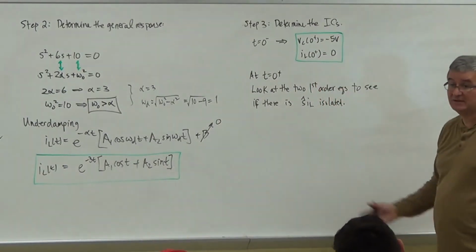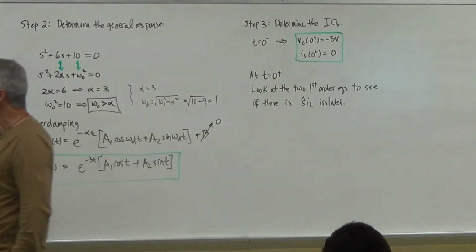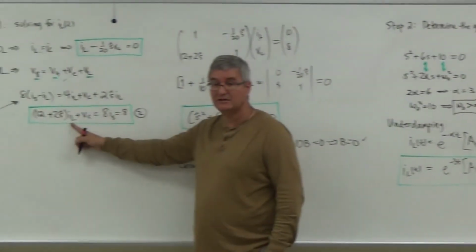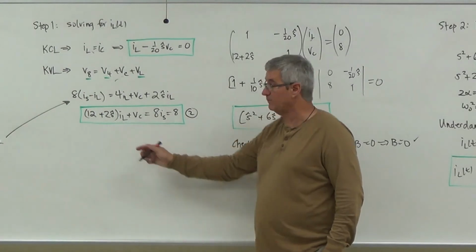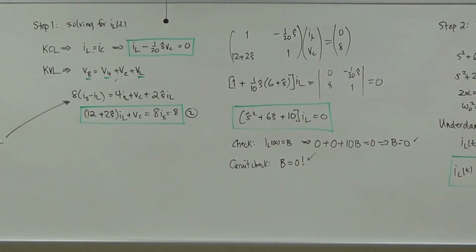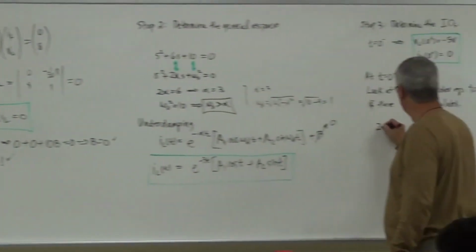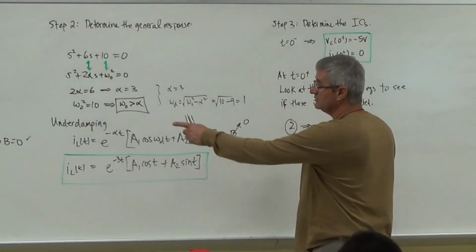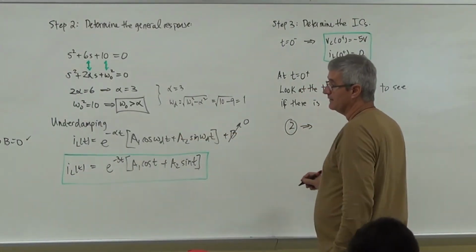And the answer is, it is isolated. Because when I look at these two equations, this is the only equation that has the s hat term. So I'm going to write this down here. So it's equation 2, which we talked about here. So let's look at this guy.